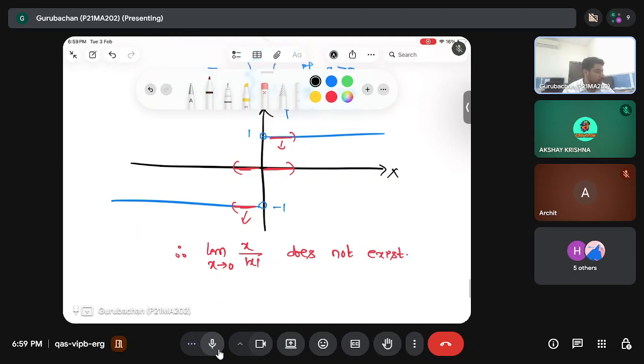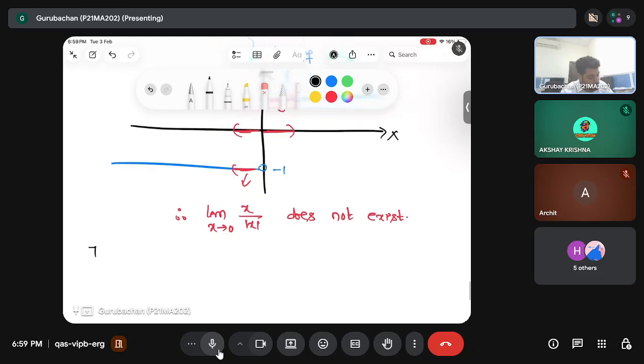Okay, so now calculate limit x tending to pi of cos x divided by 1 minus pi.